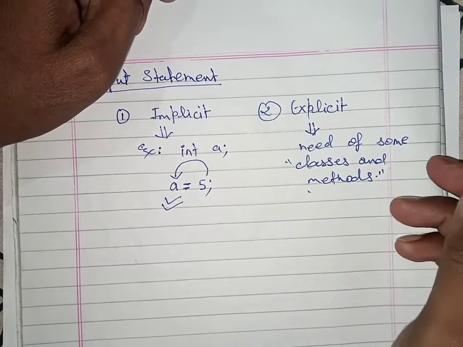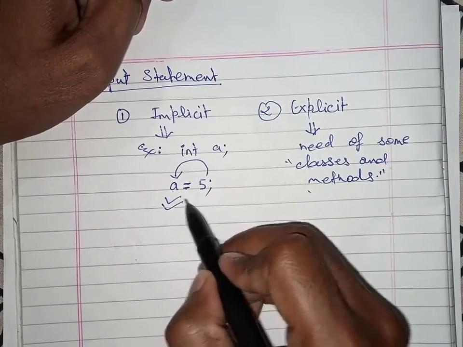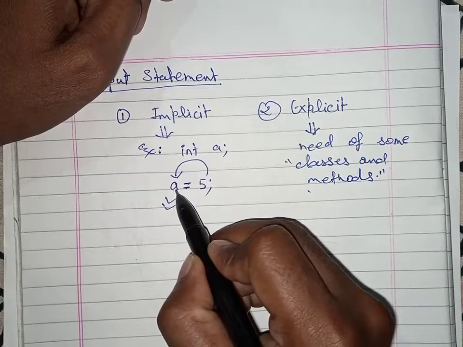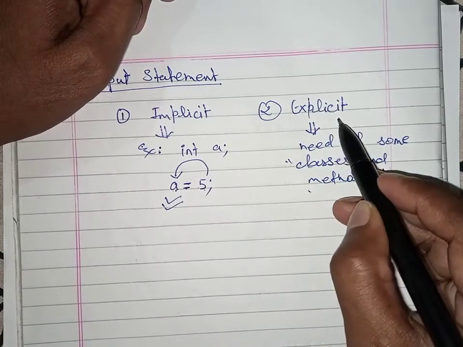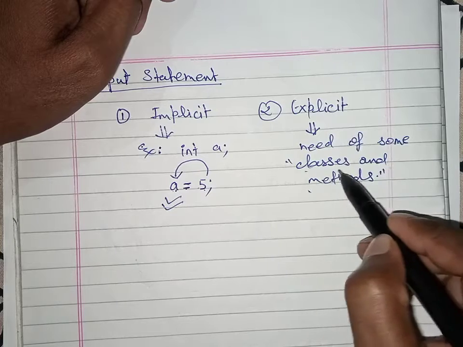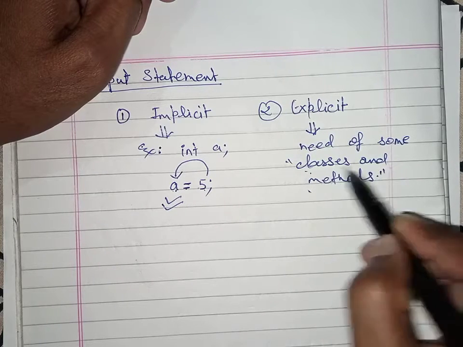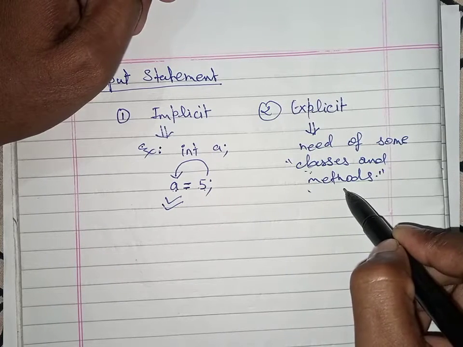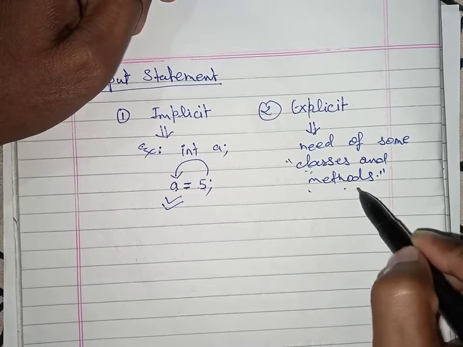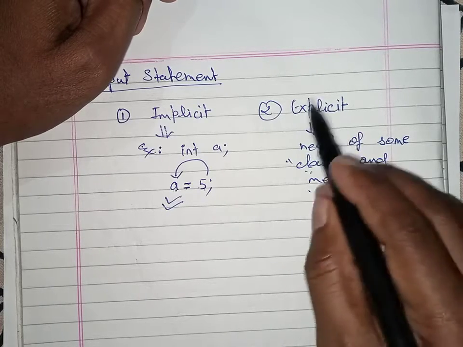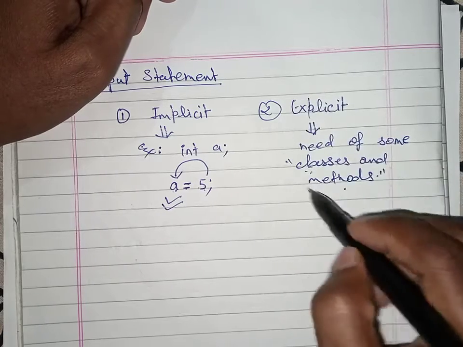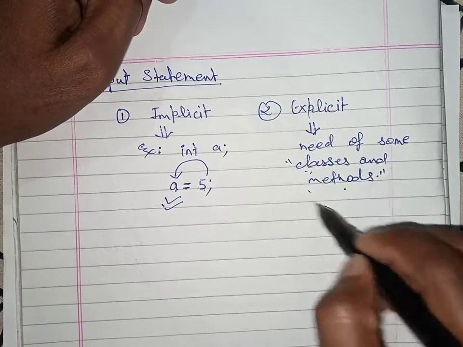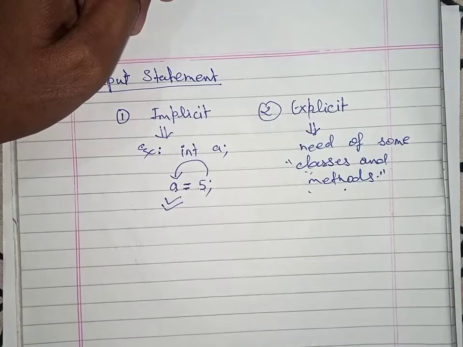Here you can see we can put our value into the variable directly, this is implicit. But for explicit, there is need of some input classes or input methods. Today in this video I am going to tell you about this type of input operation, explicit input operation.